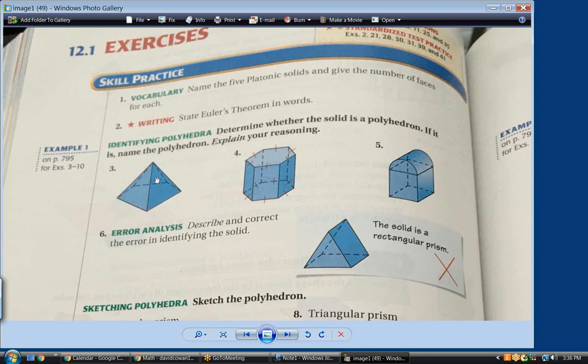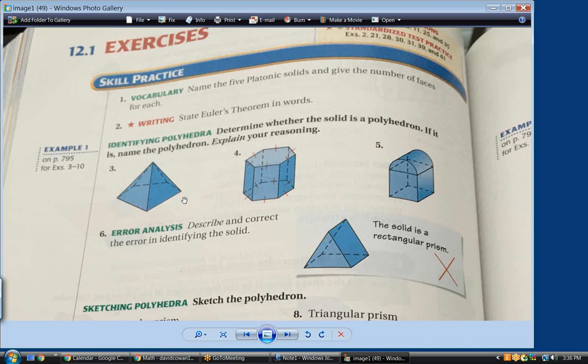And since it all goes to a central vertex, we have to have 5 faces also. So I'd be inclined to call that what? Pentagon pyramid. Okay, good. Yeah, pyramid. I think that's correct.